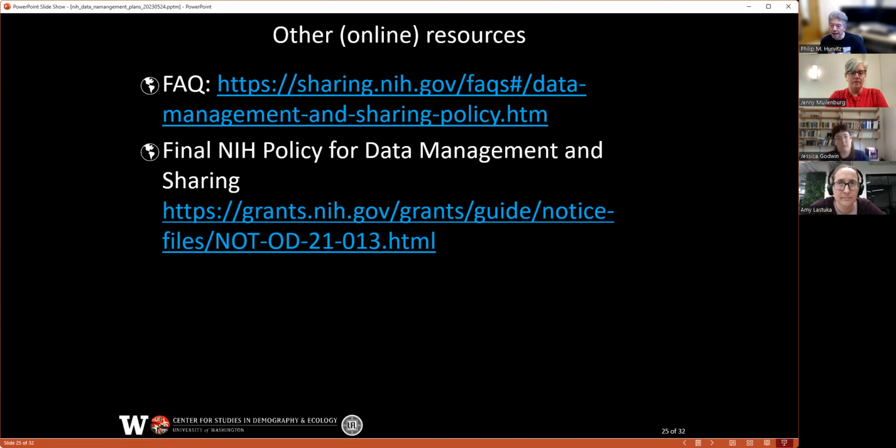That's not to say that the final policy is not ambiguous. As you read it, you're going to wonder what this actually means. And I think that if the NIH is going to be requiring us to do this, then they should also be providing the staffing to help us understand what they are requiring.